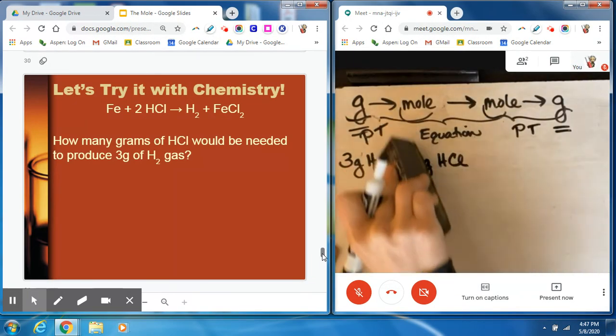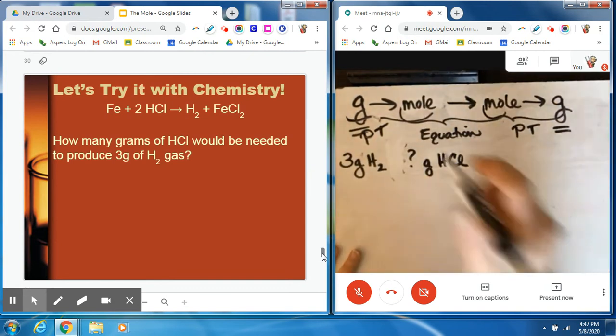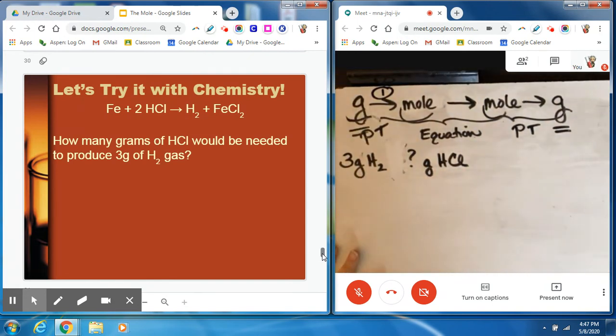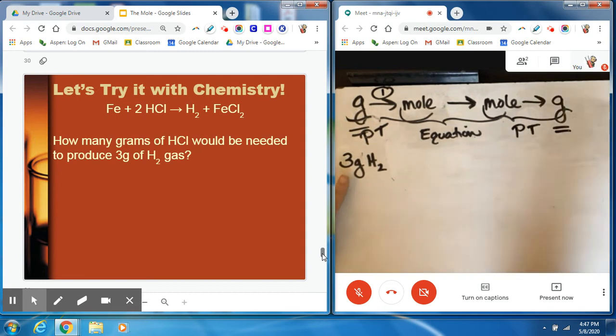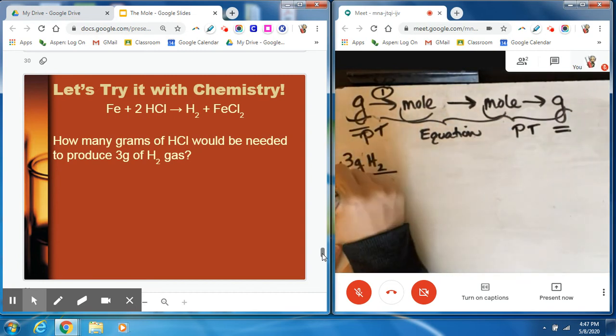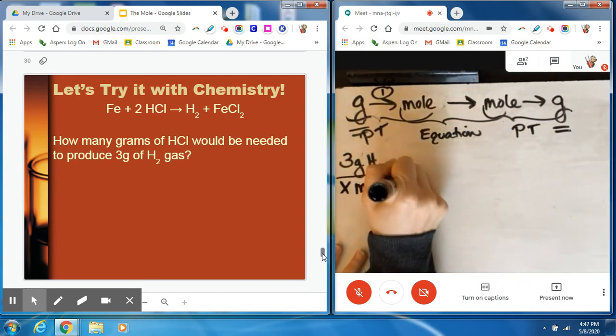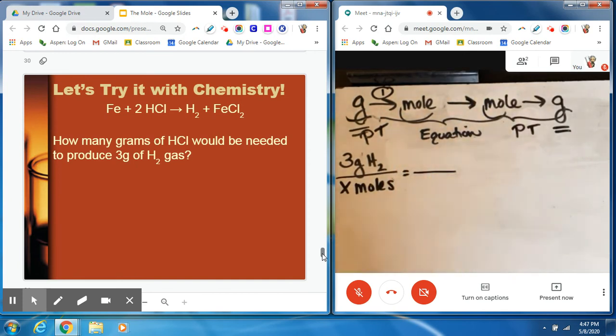So, step 1. Grams of what we know to moles of what we know. What do we know? We know that we have 3 grams of hydrogen. We don't know how many moles of hydrogen that is. Where can we find the molar mass of H2? The periodic table.